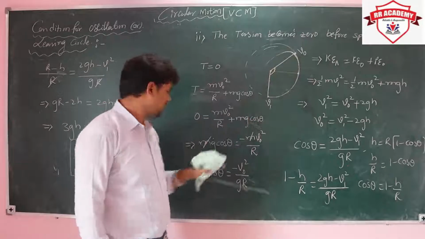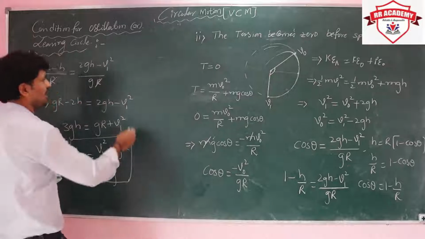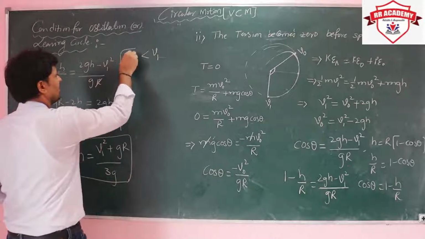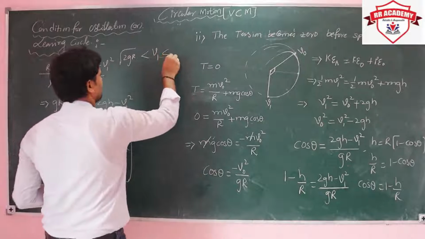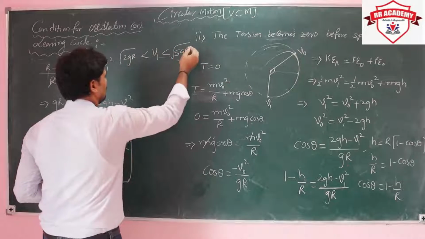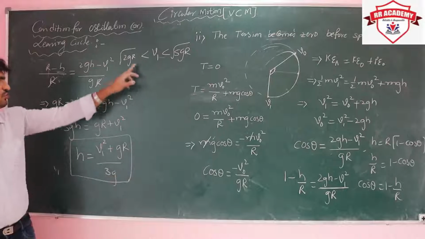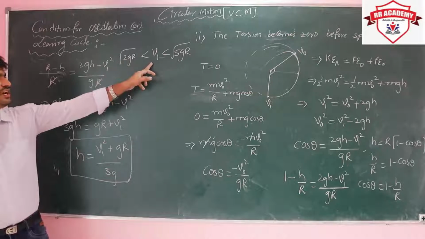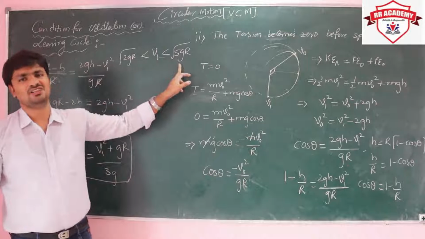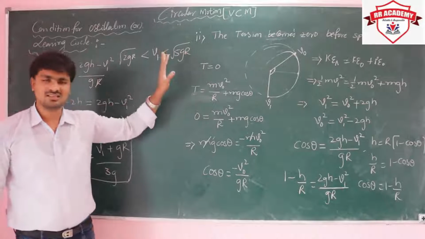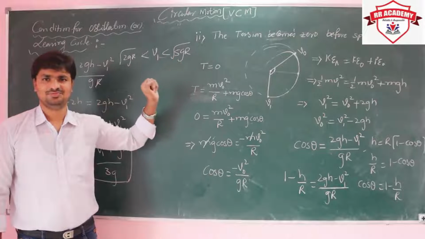So v1 should be greater than under root 2gr and less than under root 5gr. To leave the vertical circle, the velocity at the lowest point is greater than under root 2gr and less than under root 5gr. So this is the condition for leaving the circle.